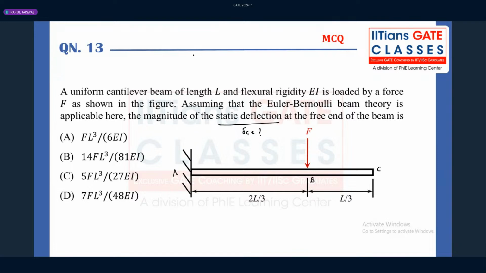But if I take the same beam and apply the force with some height, that means I drop some mass, say 20 kg or 30 kg, from a particular height onto the beam at point B, then the deflection at point C would be the dynamic deflection.